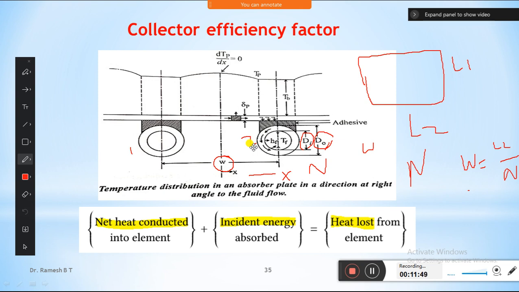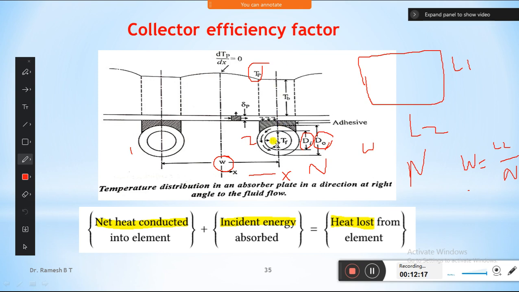The temperature in the plate, Tp, will vary along the x direction, and it will be assumed that the same distribution exists between any two tubes.